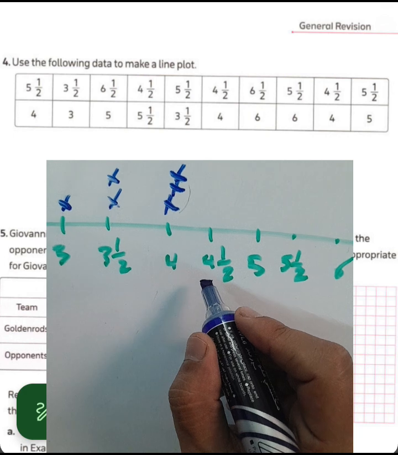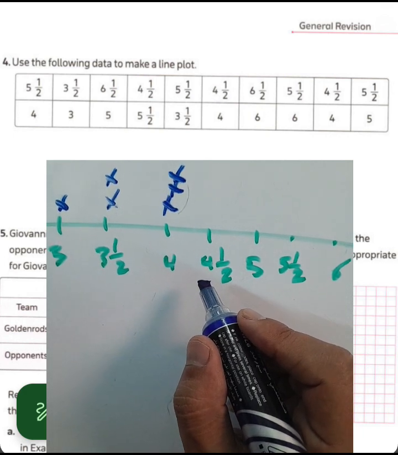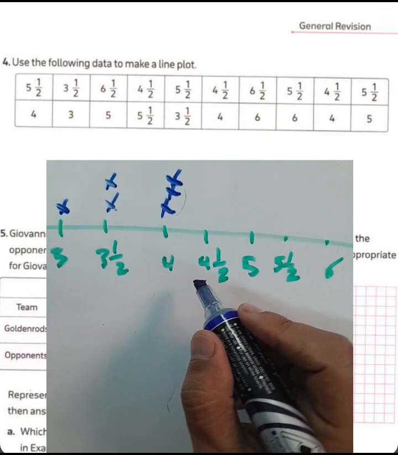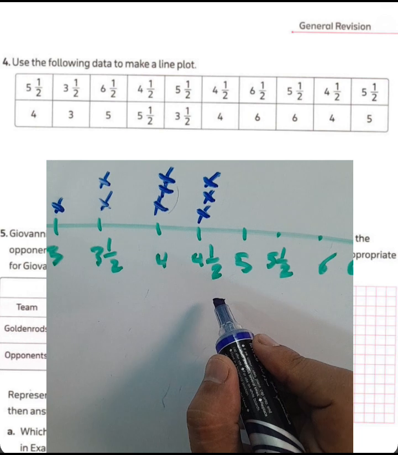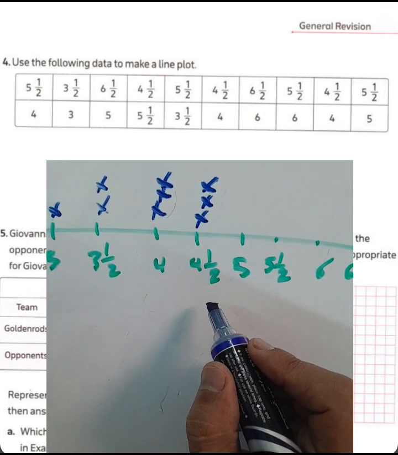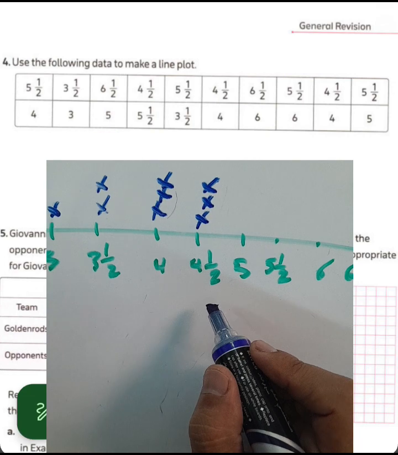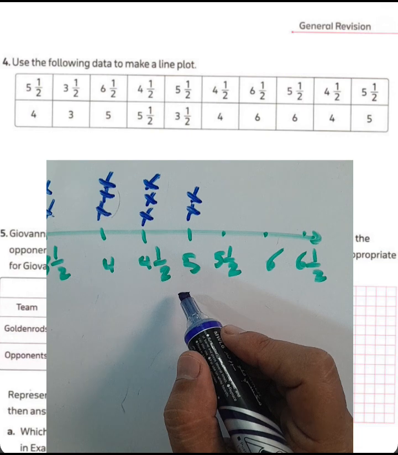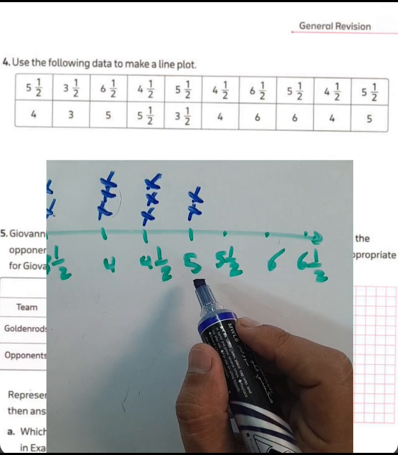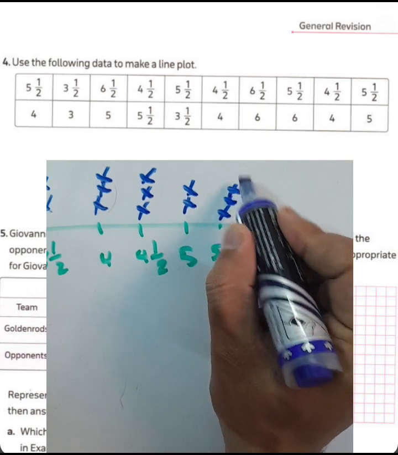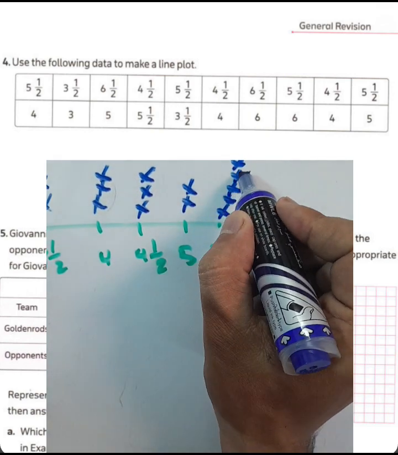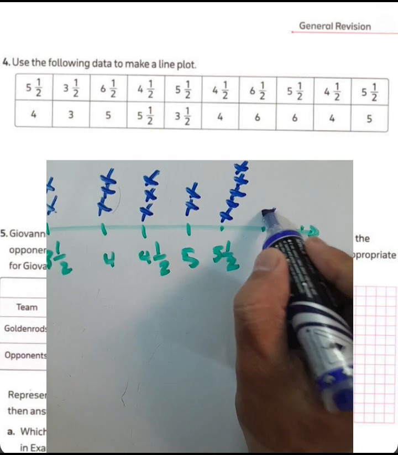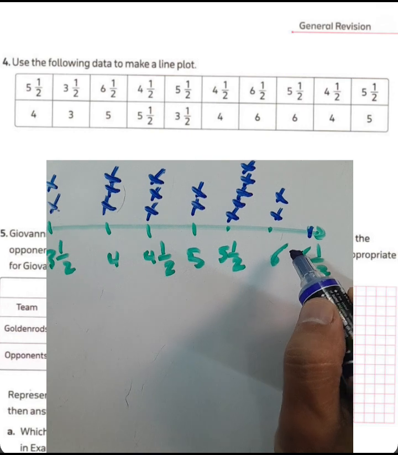And 4.5 repeating 3, and 5 repeating 2. 5.5 repeating how many? It's a long one: 1, 2, 3, 4, 5. 6 repeating 2. 6.5, the last one, was 2.